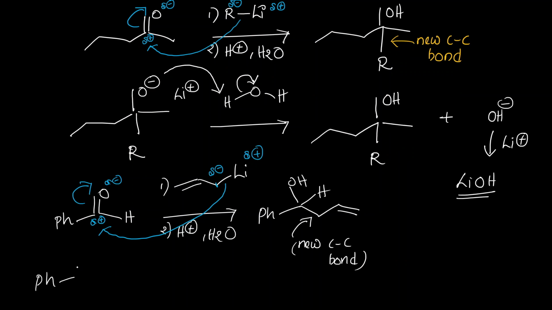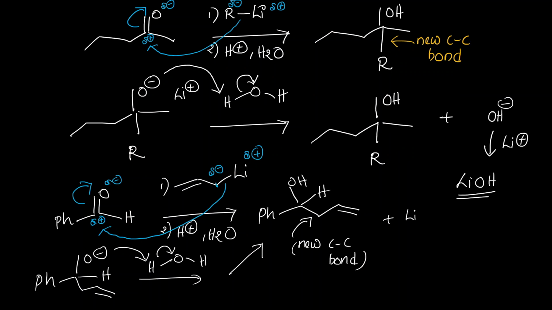We will get the O minus here and we have the hydrogen here, and you will generate this one. Once you add the water, the O minus will take this hydrogen and you will get the final product with lithium hydroxide as the side product.